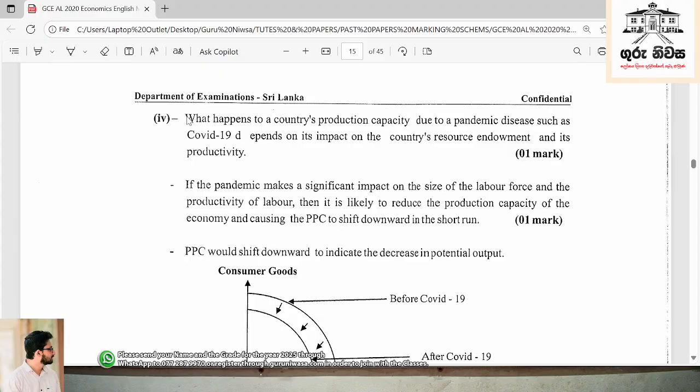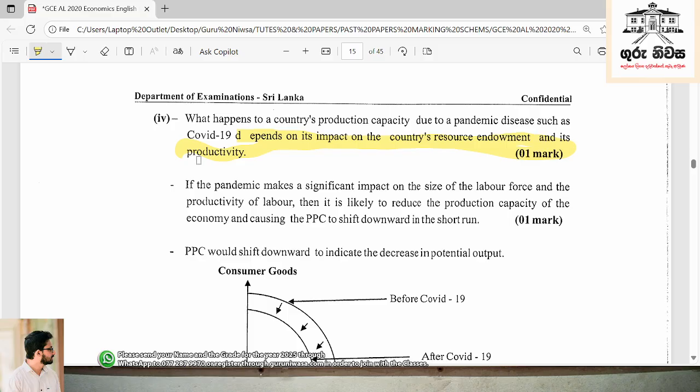First point. What happens to a country's production capacity due to a pandemic disease such as COVID-19 depends on its impact on the country's resource endowment and its productivity. This is number one, because at the beginning you should mention that the final impact depends on the country's factor endowment or its productivity, Lamai.